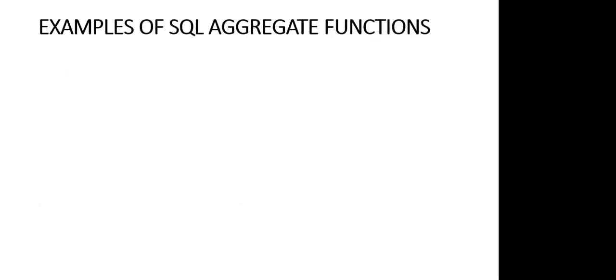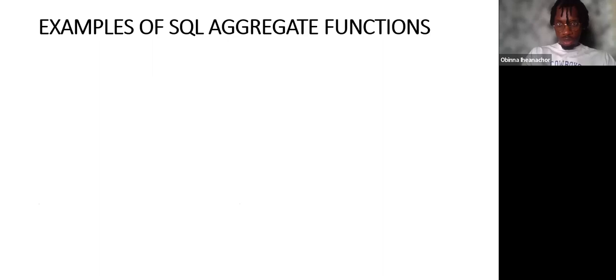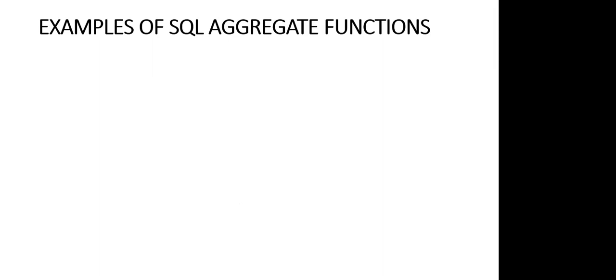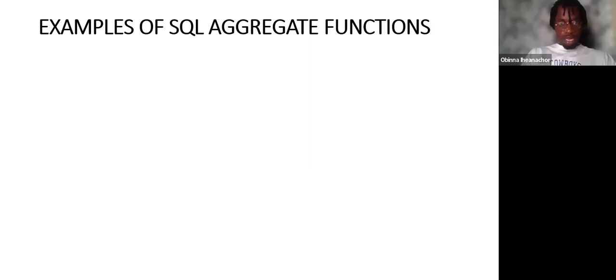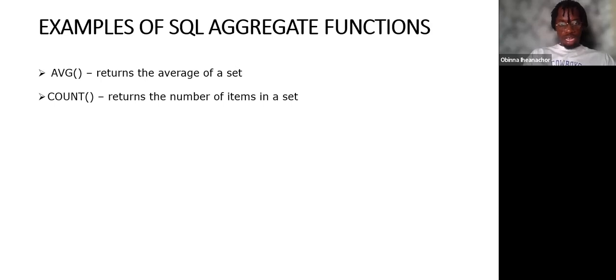So what are examples of SQL aggregate functions? You have average, you have count, max, min, etc. So average returns the average, right, of a set of values. Count counts the number of items in a set, right? So it returns the number of items in a set.